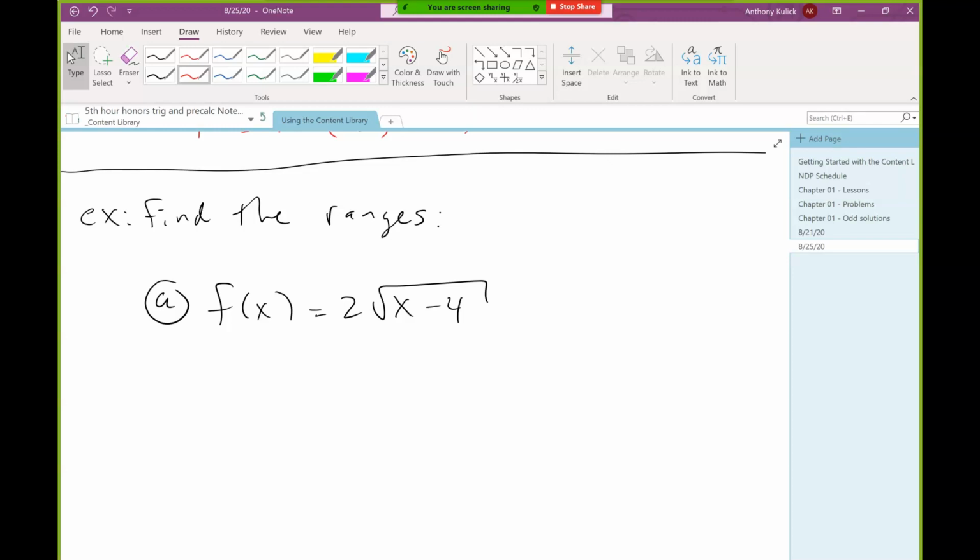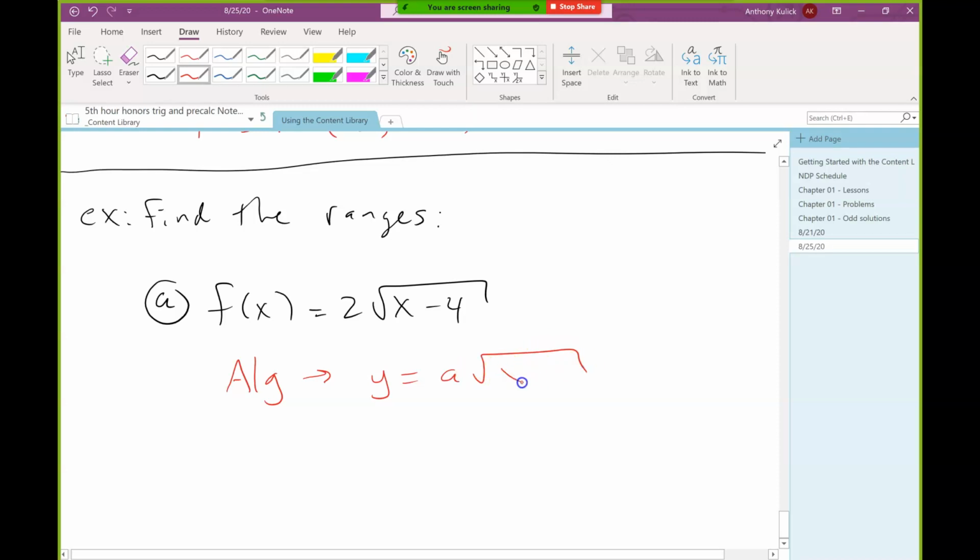So I'm going to talk about a couple of different ways you could conceptually think about these. Now this one, if you remember back from algebra last year, we know that this is a square root function. And the standard form for a square root function looked like this, right? And maybe we remember that the domain then was h to positive infinity, and the range was k to positive infinity.